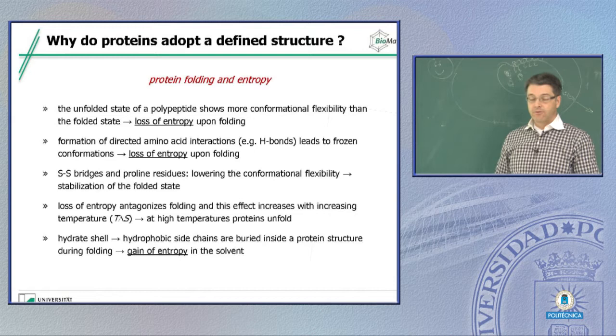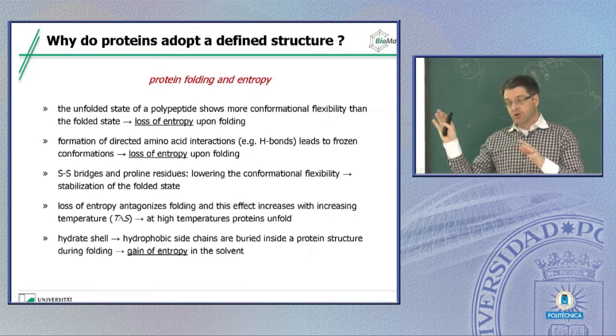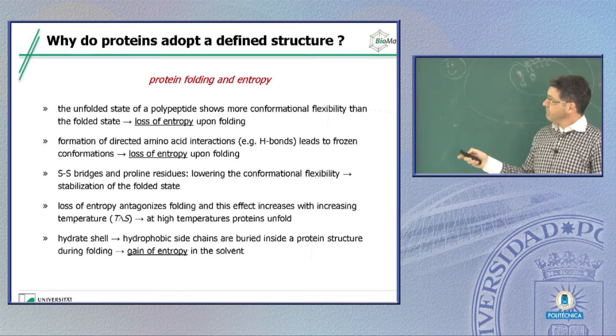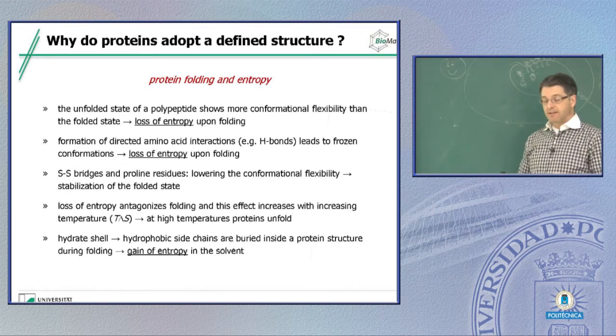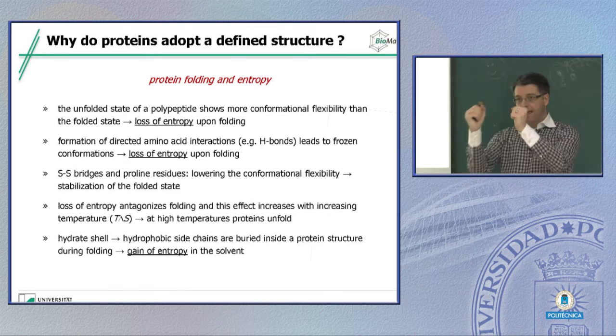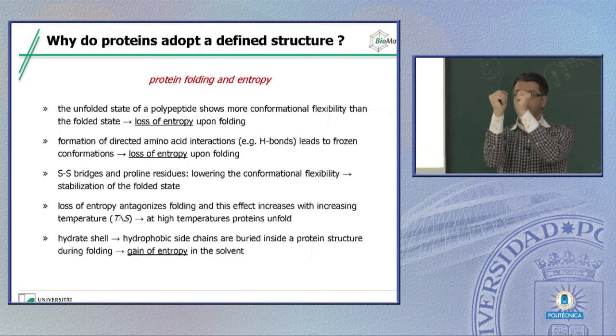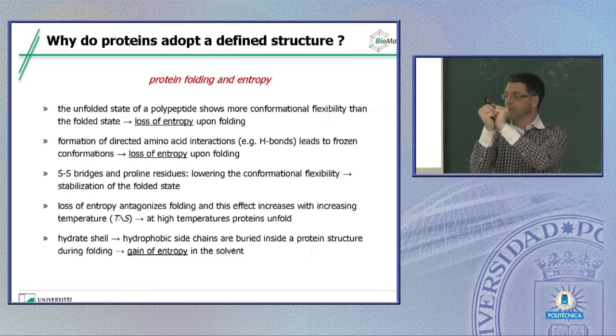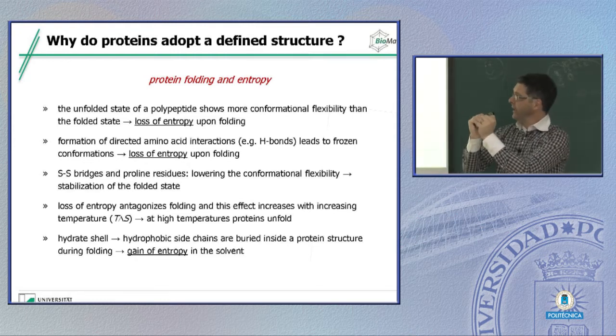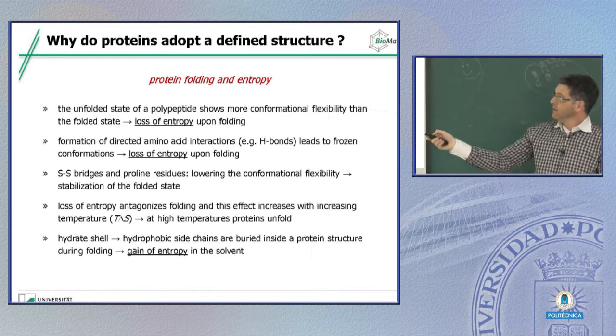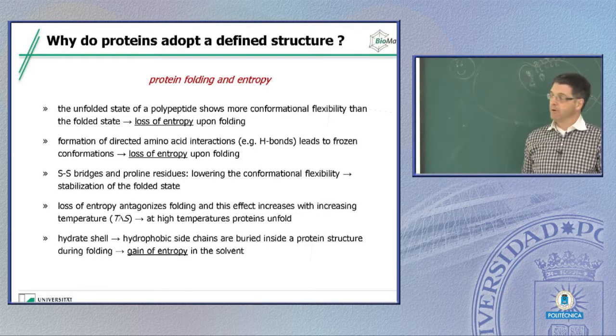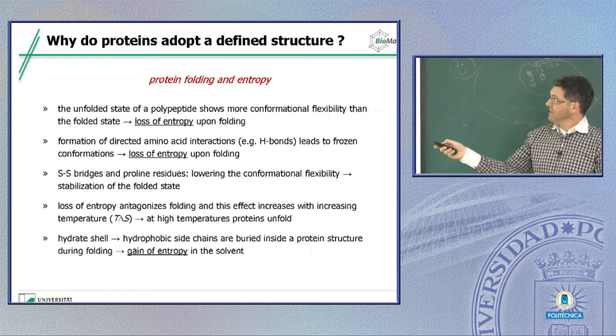For instance, they can form H bonds, and we will talk about this in a minute. These interactions actually mean that amino acids now non-covalently interact and form sort of, well, contacts that also lead to loss of entropy upon unfolding. So a second loss of entropy in addition to the first one.